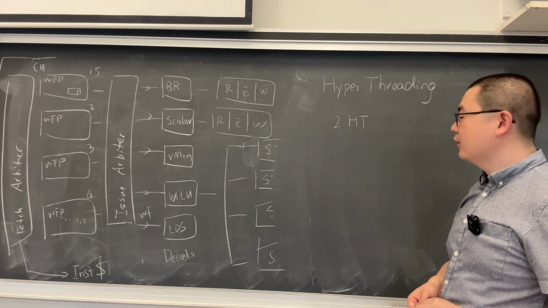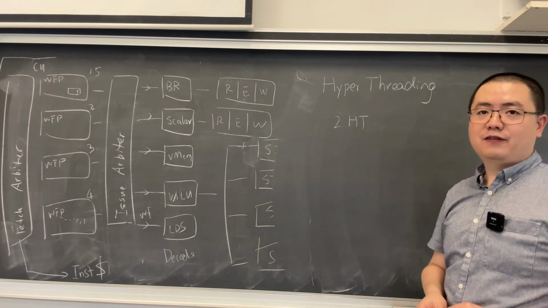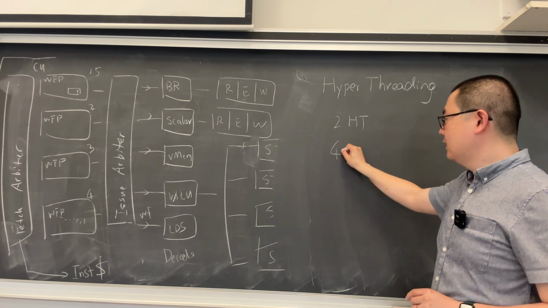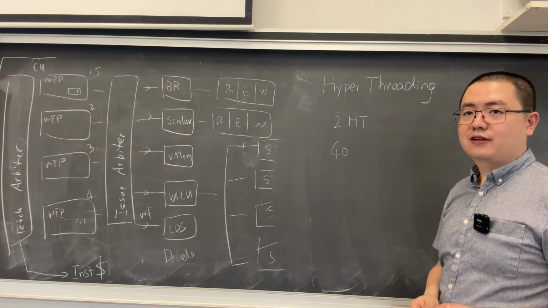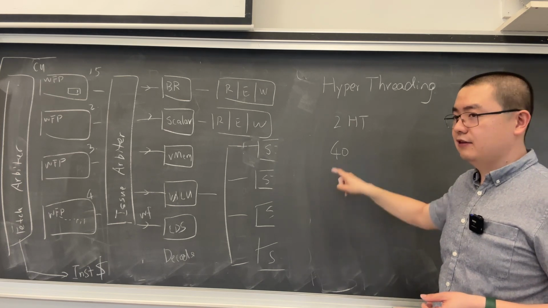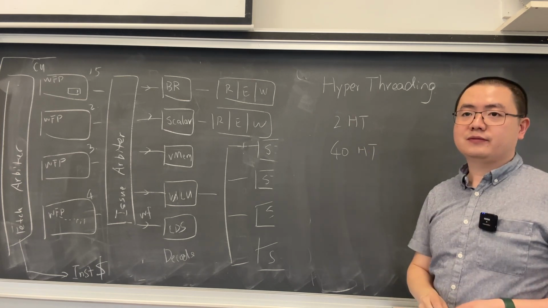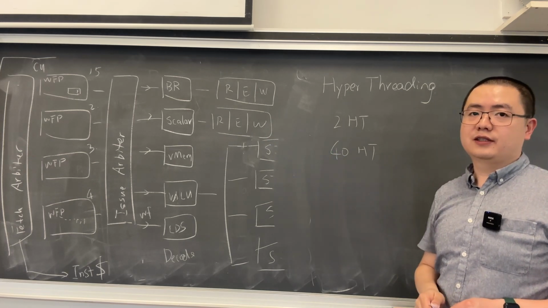I don't know if there are 4 hyper-threads in AMD GPUs today, but in GPUs the number is at least 40, even if we count at the warp level instead of the thread level. It's a 40 hyper-threading machine, with threads sitting there waiting to be executed.